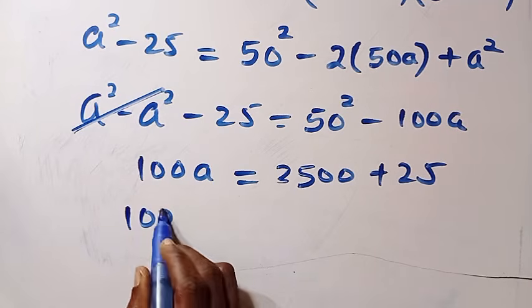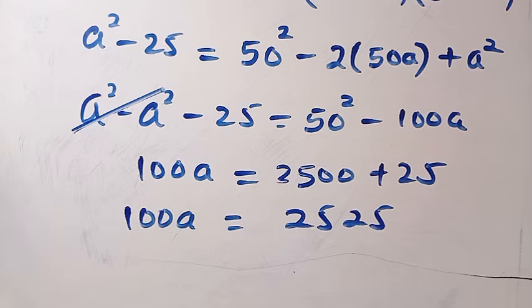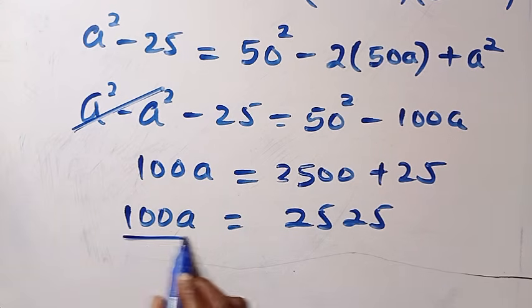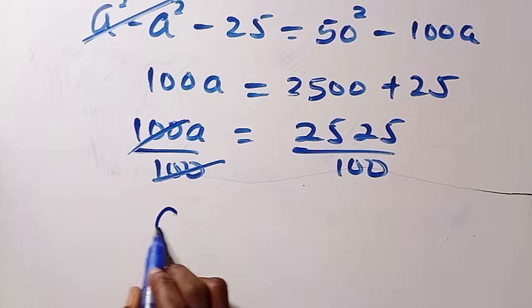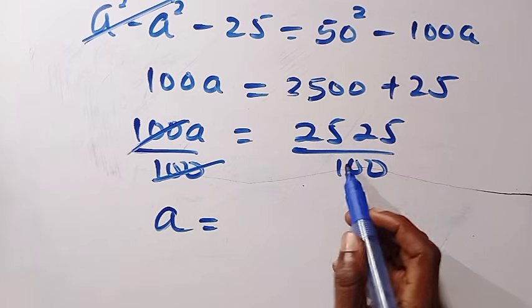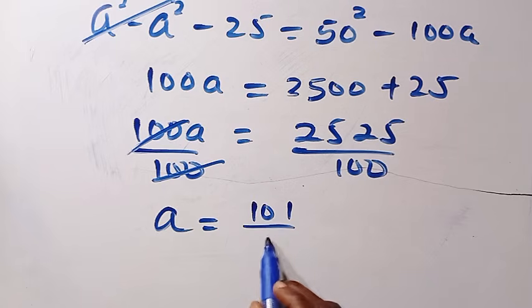So we have 100a equals 2525. So if I divide both sides by 100, this cancels this, and then we have a equals, if I try to break this thing down, we get 101 divided by 4.